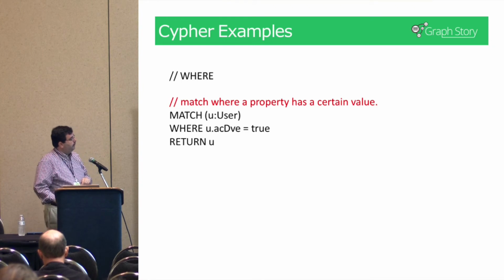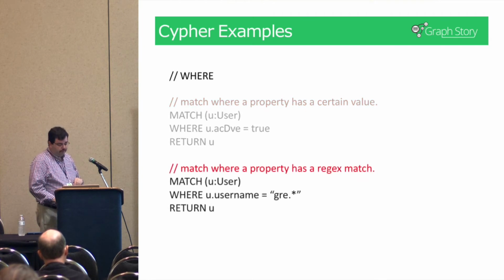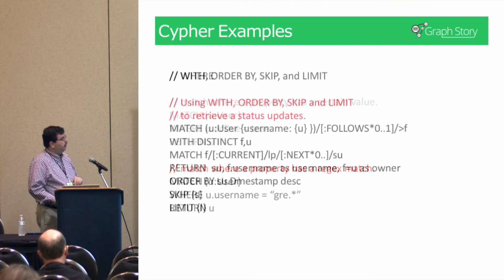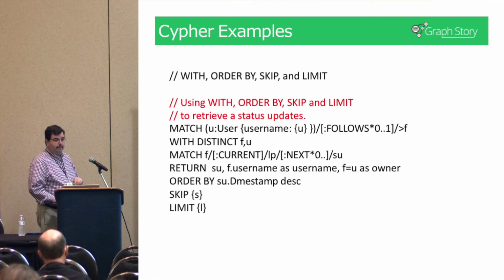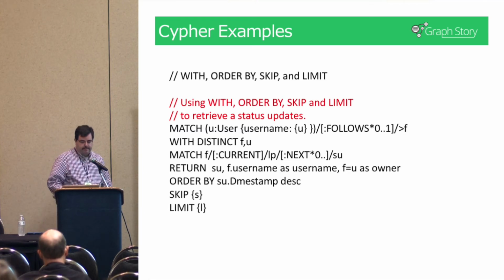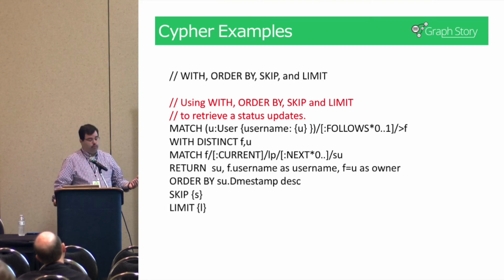Here's the where attribute. Very similar to SQL, you would put it after a match. You want to see where active equals true. You could also do wildcard type of searches, very similar to SQL. And just like in SQL, you can do things like order by and skip and limit, so if you want to do paging. But one of the really, really cool things about Cypher is it has this command or expression called with.